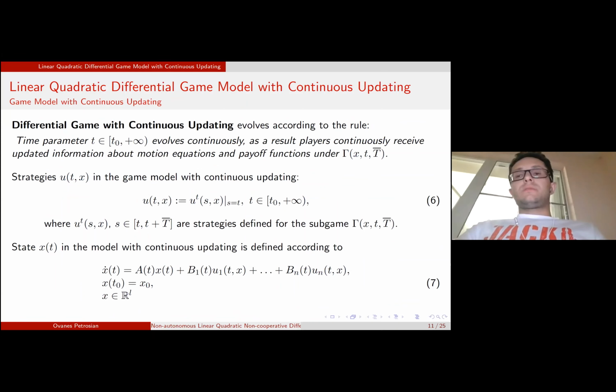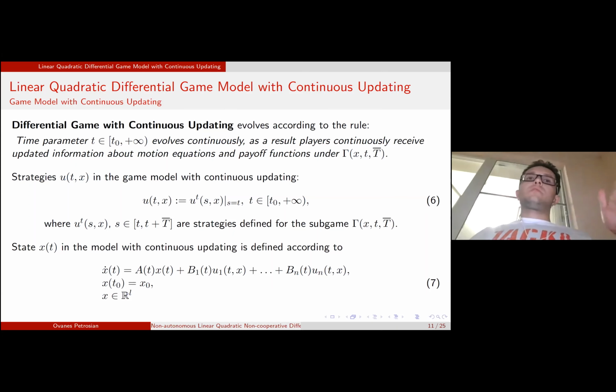as you have seen from the previous slide, for every current time instant t, we define our own strategies on the interval from t to t plus t dash. But how to compose the strategy profile that will eventually take place in the game?